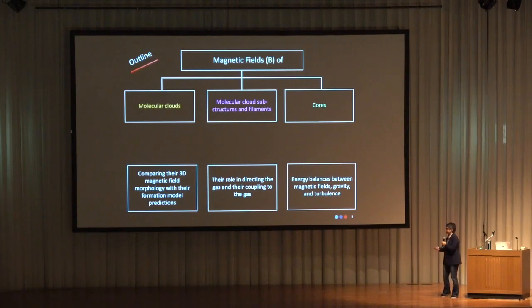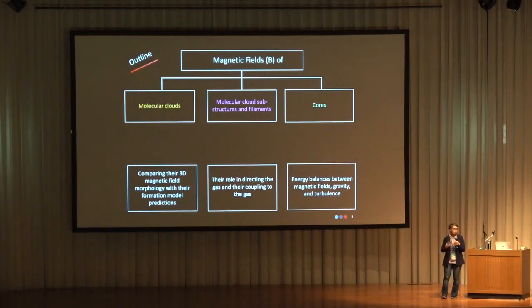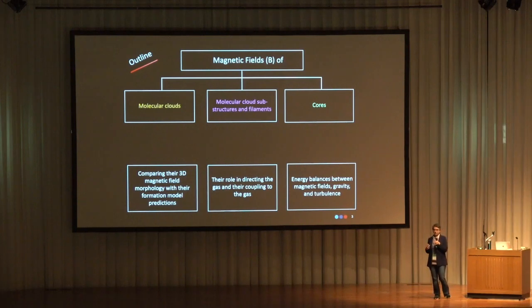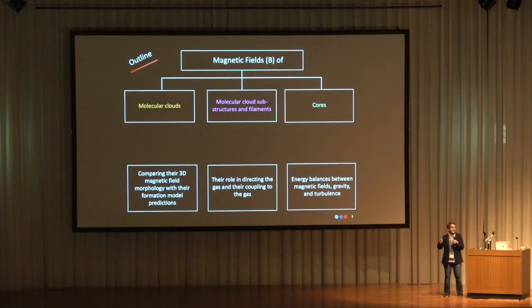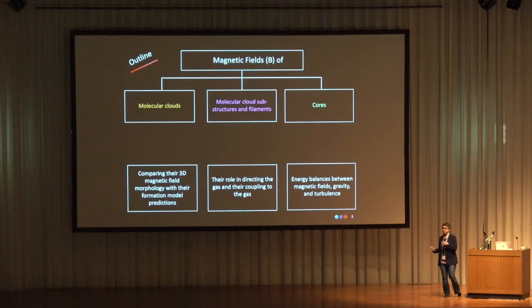One question is what the magnetic field morphology of these regions looks like, and what their 3D magnetic field morphology looks like. The second question is, what's the role of the magnetic field in directing the gas in these regions, and influencing the star formation process? And the last question is, how do the energies in all these systems compare to each other?